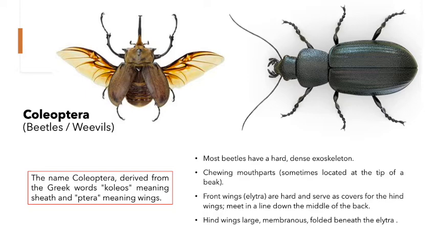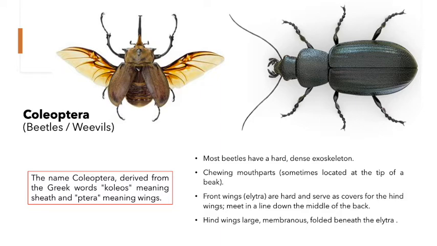The next order is Coleoptera, and examples are beetles and weevils. It is the largest order of insects, representing about 40% of the known insect species. It is derived from the Greek word koleos, meaning sheath, and ptera meaning wings. It refers to the modified front wings, which serve as protective covers for the membranous hind wings.